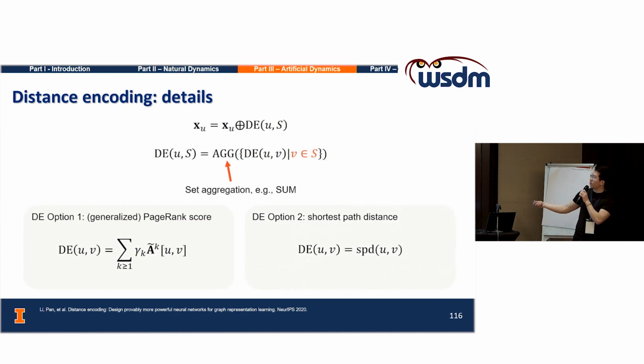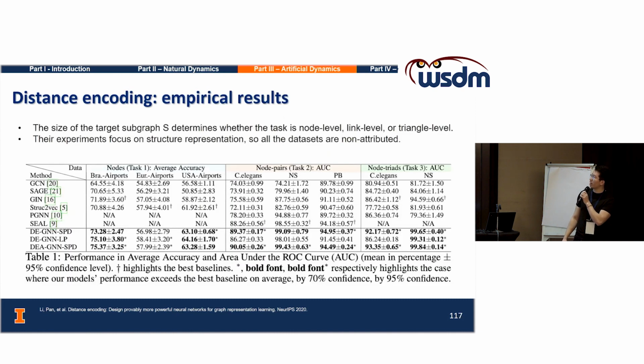So after these distance encoding techniques, the authors try to do some experiments to see if this technique indeed enhances the expressiveness of the graph neural networks. And their experiments are actually quite complicated. That is because they have 3 tasks, and for different tasks, the number of nodes contained in the target subgraphs is different.